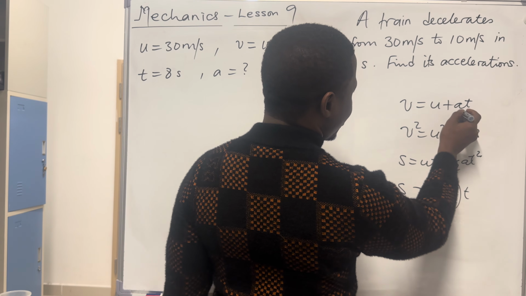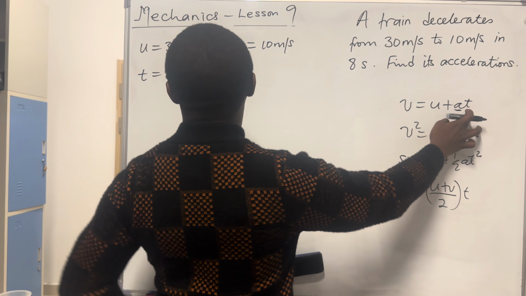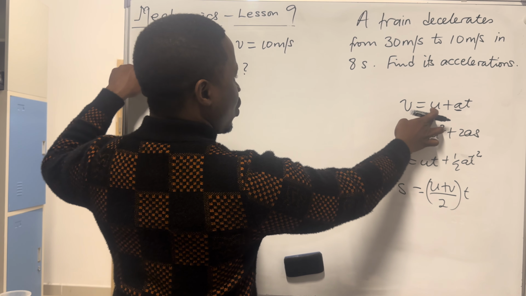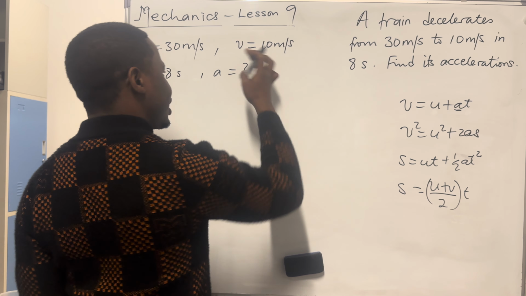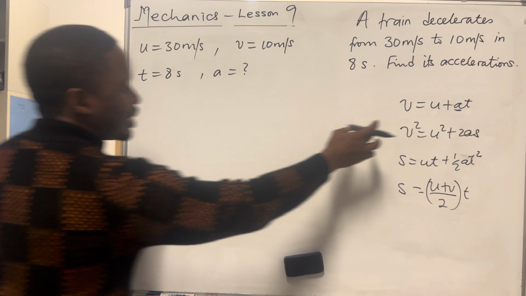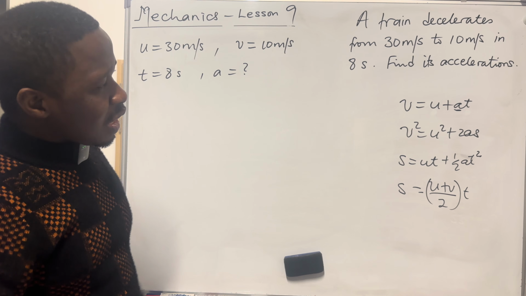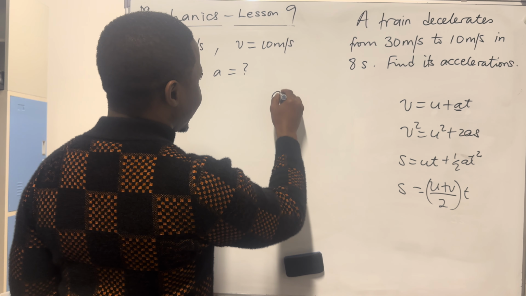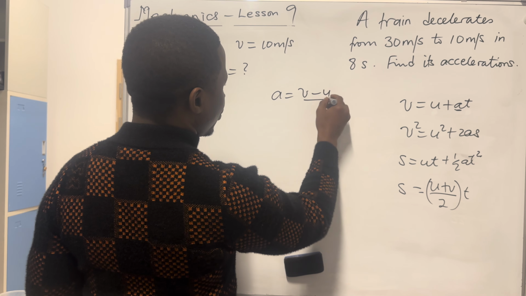Do we have the time? Yes. Do we have the initial velocity? Of course. How about the final velocity? It's there. Then we can find this a. Finding a, where a is the subject, is very easy if we do a equal to v minus u over t.